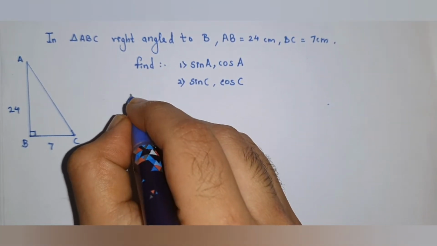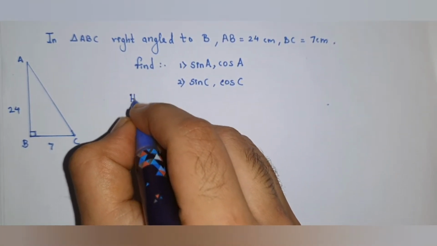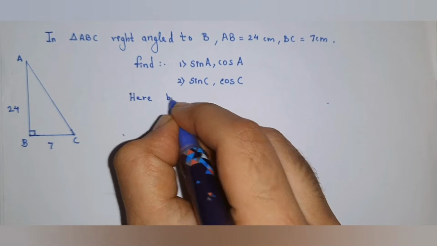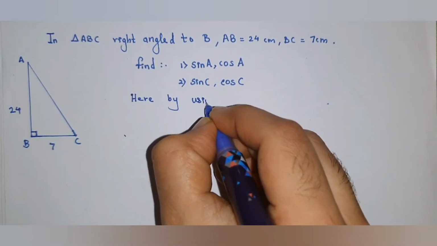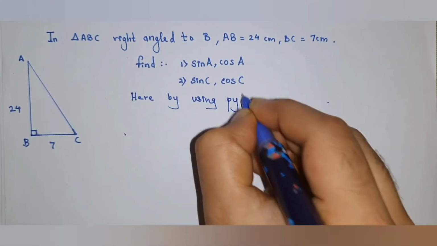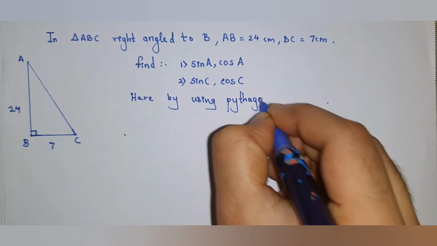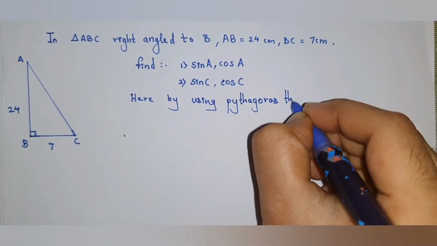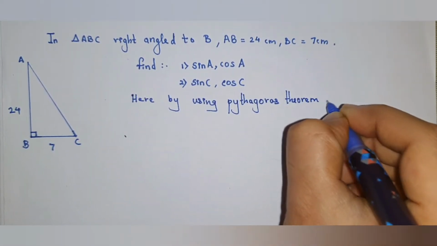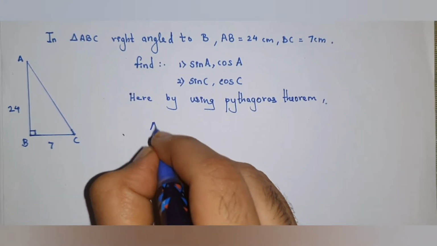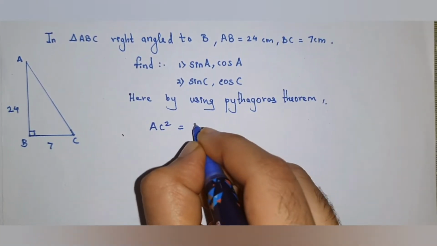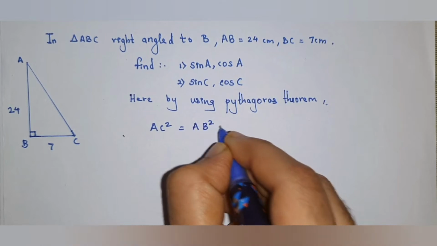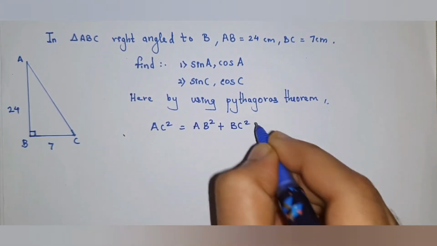Therefore, by using Pythagoras theorem, AC square is equal to AB square plus BC square.